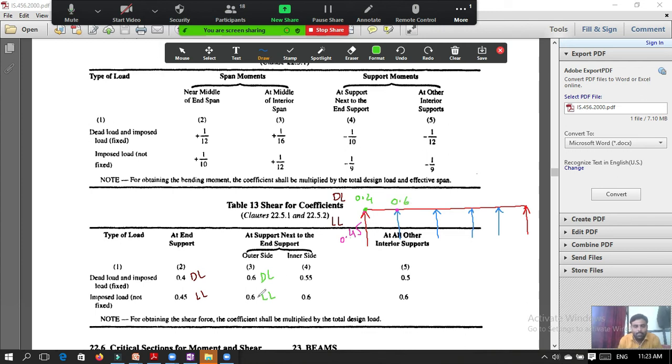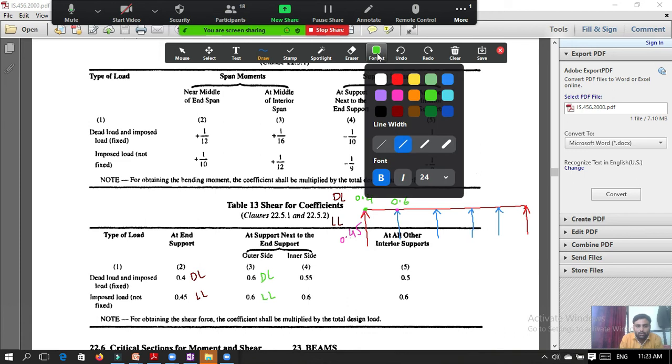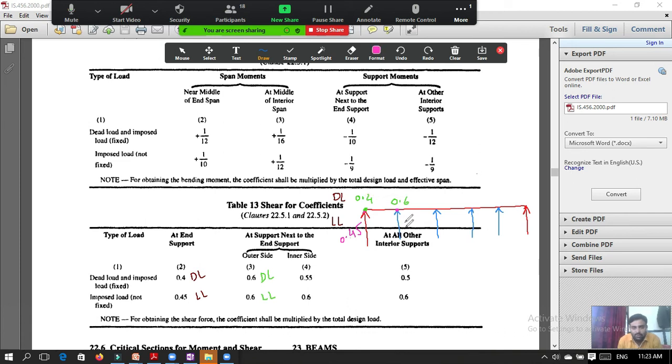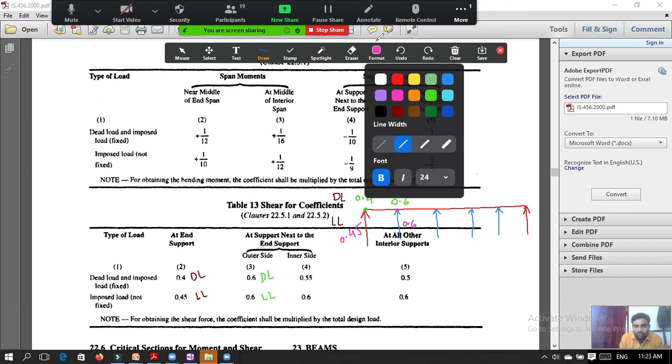Okay. And what is the live load coefficient? The live load coefficient is also 0.6. So here I will write again 0.6, 0.6, this one for live load. The same applies for this support. This is also an intermediate support. Okay, so these two are the intermediate supports. I will give them names at least.